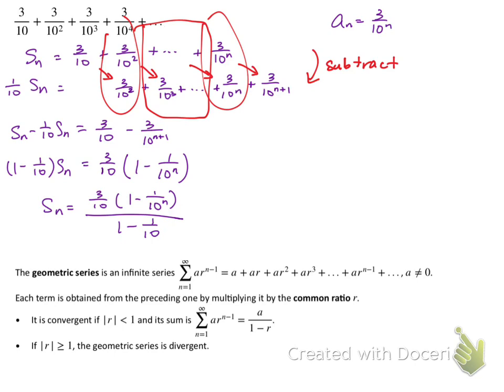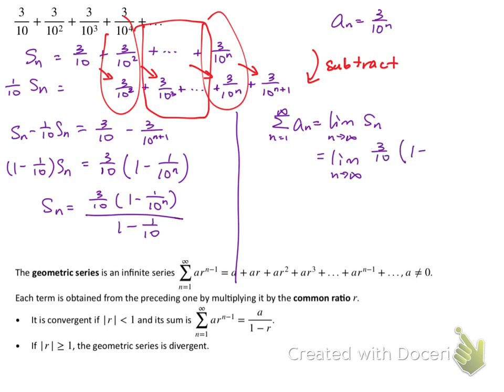Now I'm going to let n approach infinity. So the sum from n equals 1 to infinity of a_n is the limit as n approaches infinity of S_n, which is the limit as n approaches infinity of 3/10 times 1 minus 1 over 10 to the nth power over 1 minus 1 over 10.